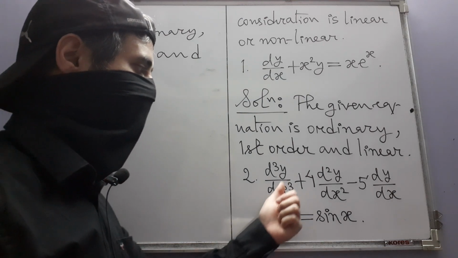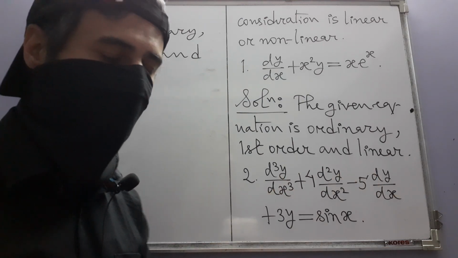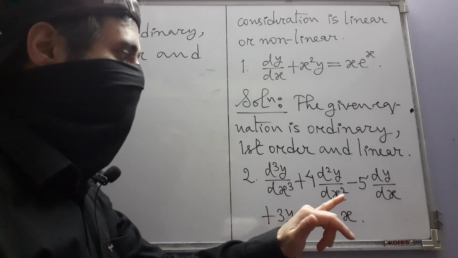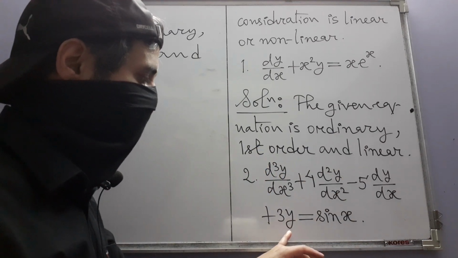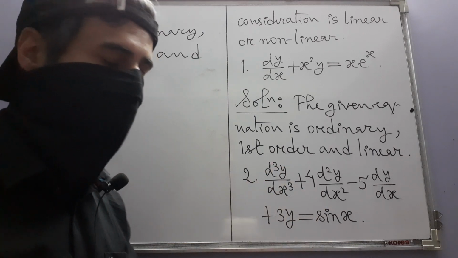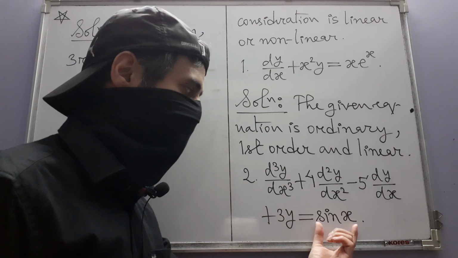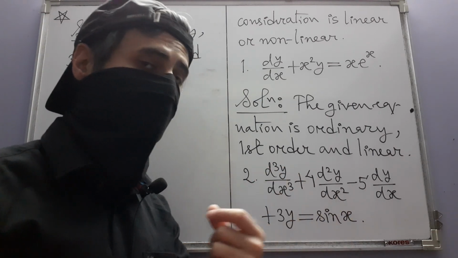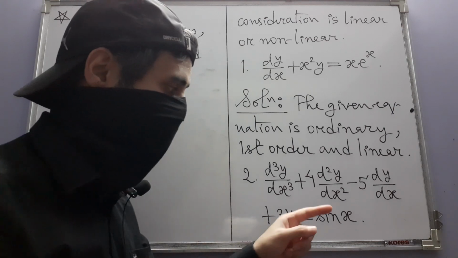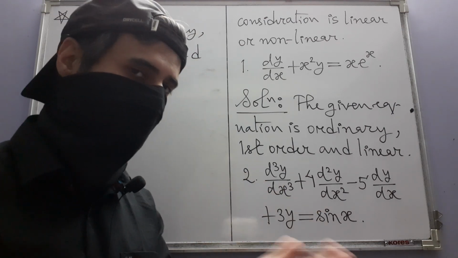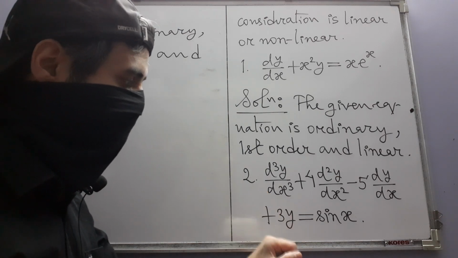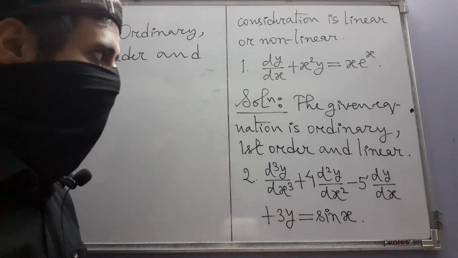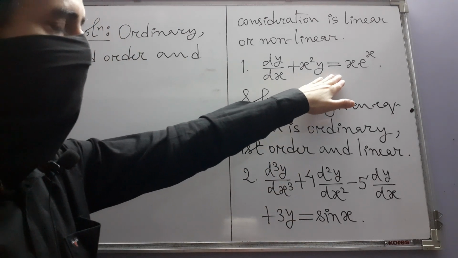Again, although higher order derivatives are there, each derivative appears to the first power, and also the unknown function y appears to the first power. You do see that this transcendental function sin x of the independent variable can be there, but no transcendental function of the unknown function y should be present. I forgot to mention that in this case.